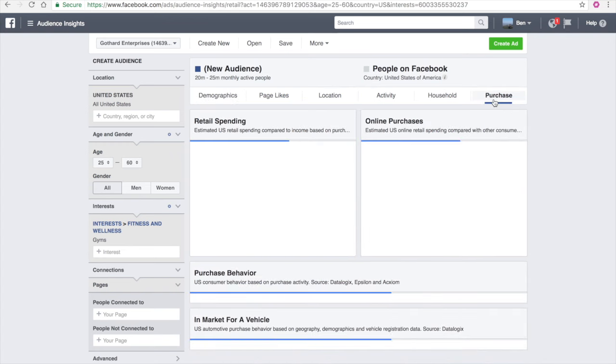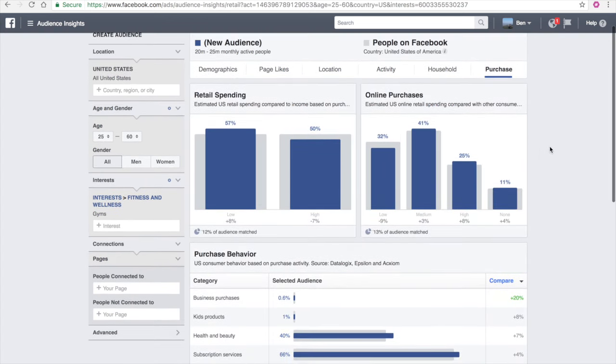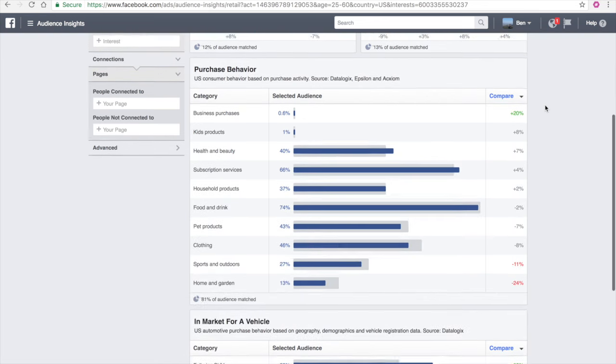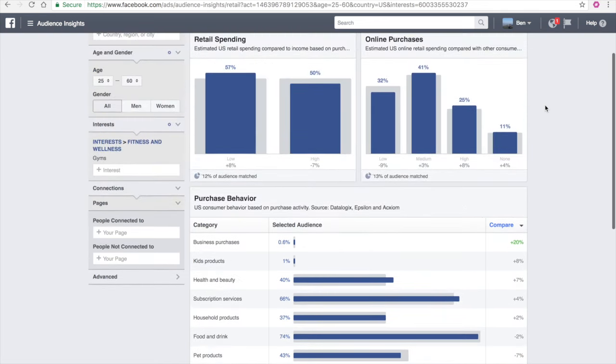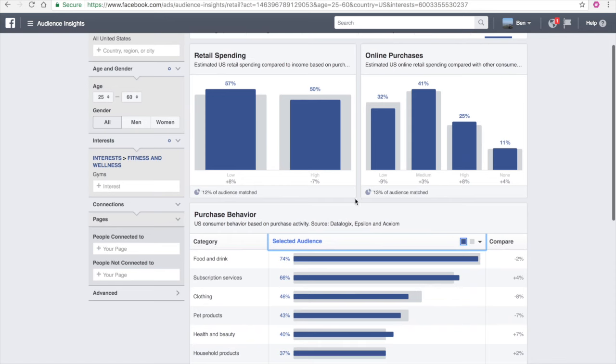So I want to go over to purchases real quick, and we see that we actually have a pretty good bit of people who make online purchases. And this is a really good sign because we know that by investing in the course, they are making an online purchase. So that is something that's pretty important to really get into.